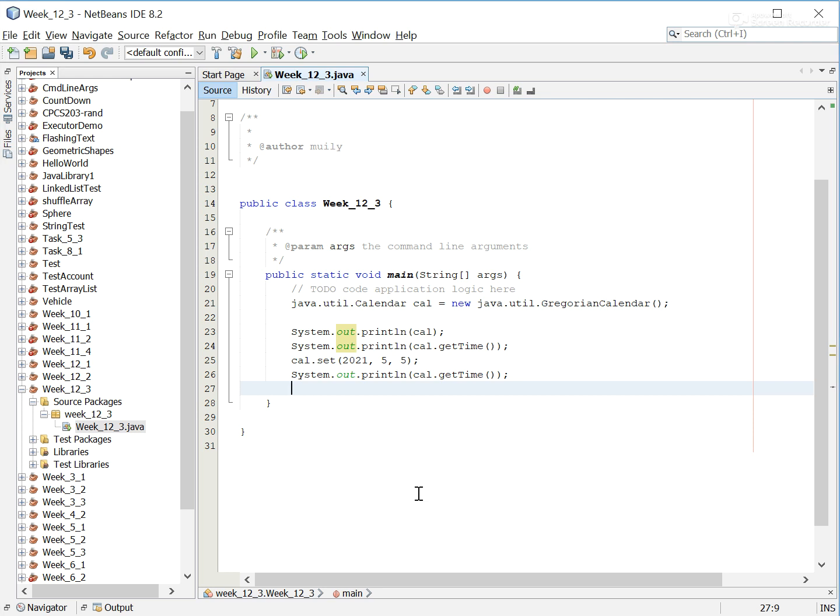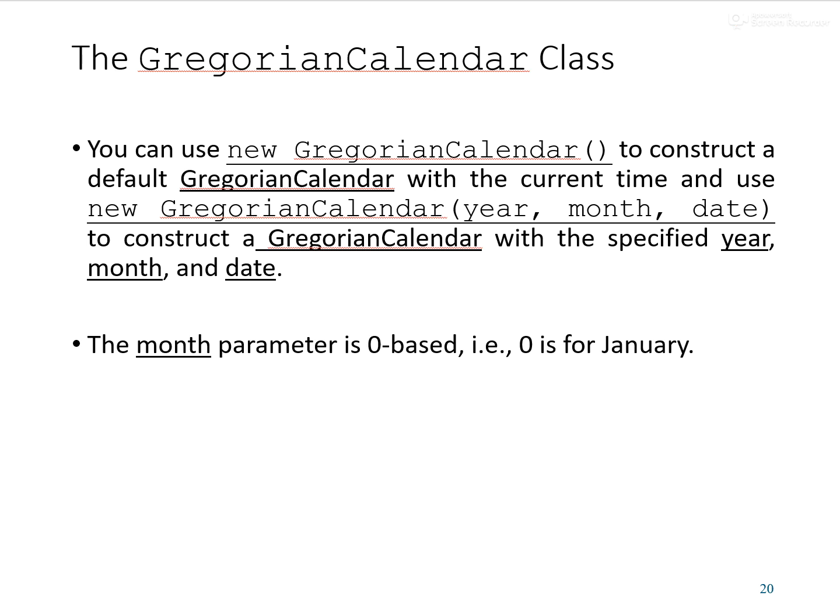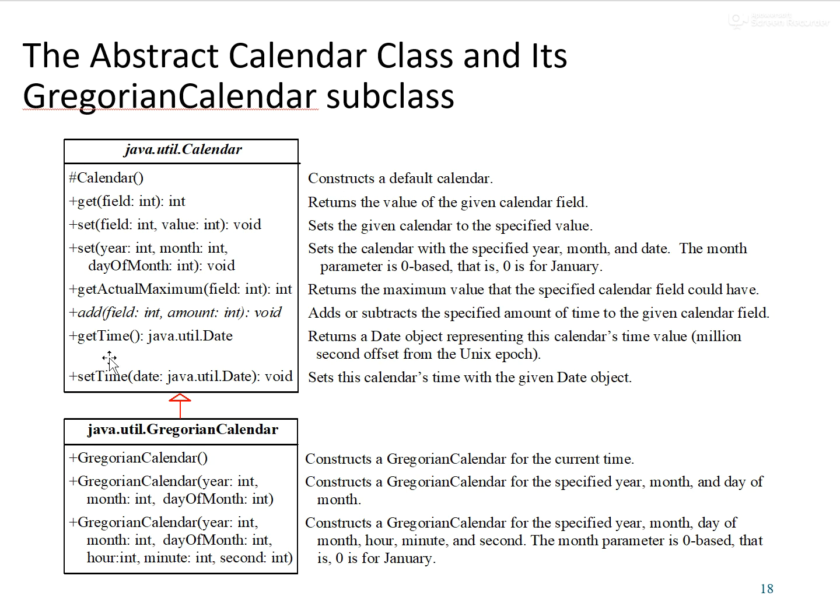Yes, then I can also set a new date and time using the set time method. Go back over here. We had a set time method in the calendar class. I can also use that. You can see that this one takes a date object as argument.